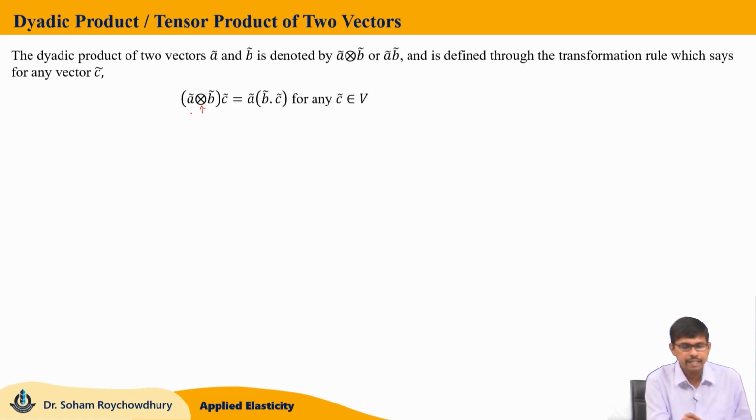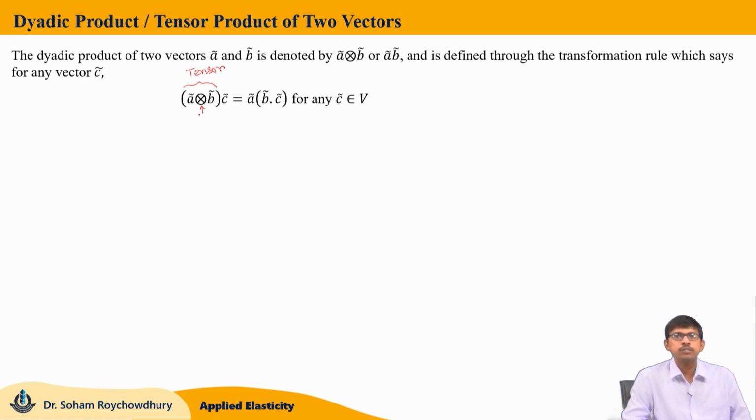So, A dyadic B is basically a tensor. This is a second order tensor which is acting on any arbitrary vector C, and that results in A times B dot C. B dot C is a scalar, so the right hand side is a vector. On the left, one second order tensor is acting over a vector, so the left hand side is also a vector.